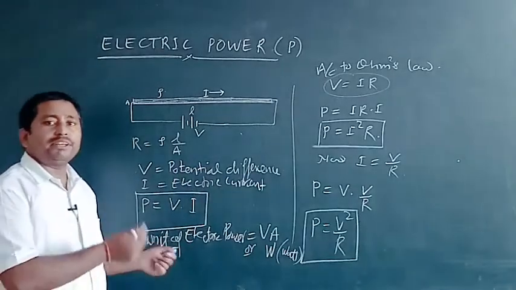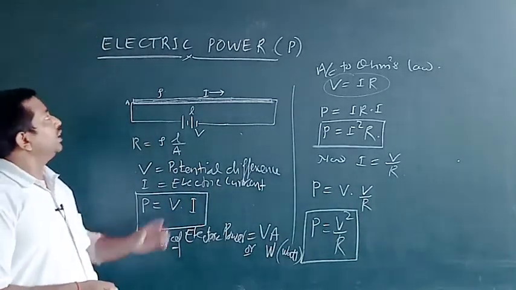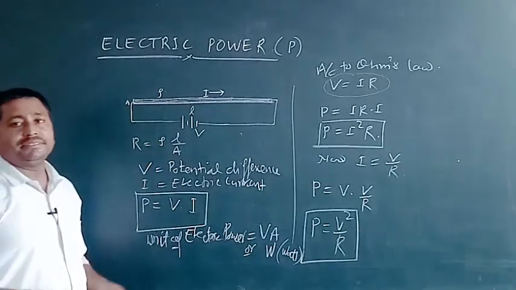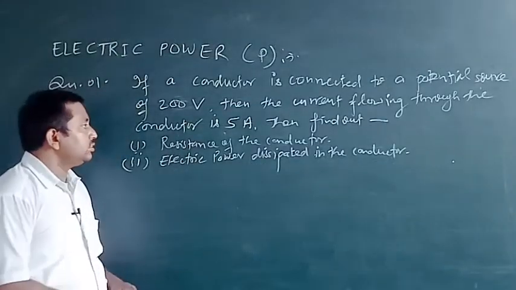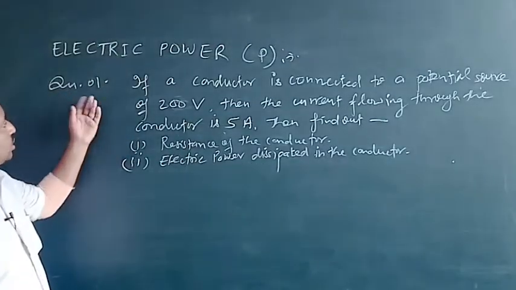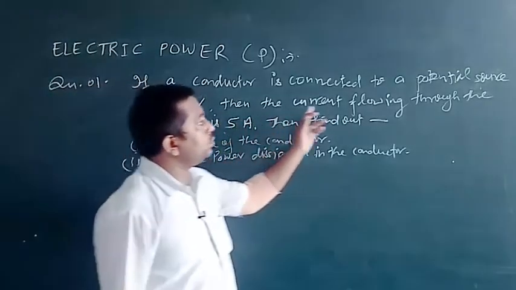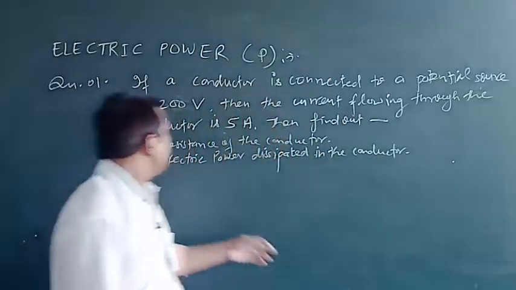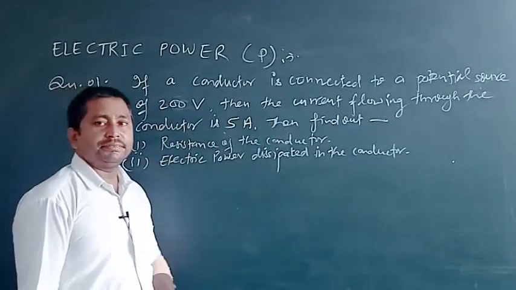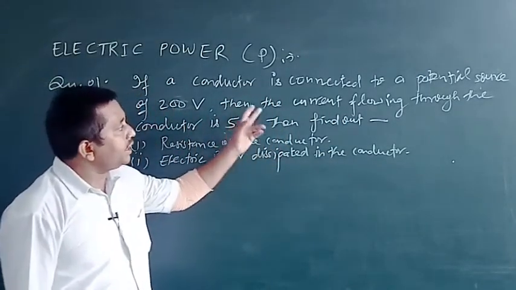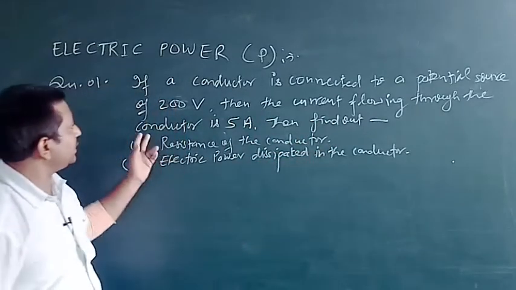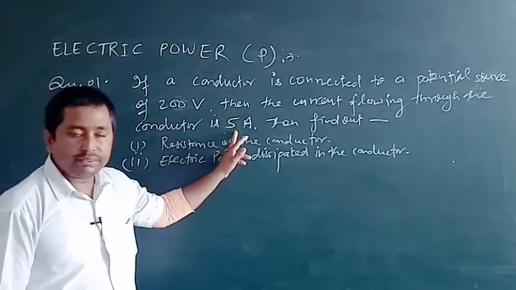Now let us solve different numerical problems on the basis of electric power. So let us look at our first question. If a conductor is connected to a potential source of 200 volt, then the current flowing through the conductor is 5 ampere.